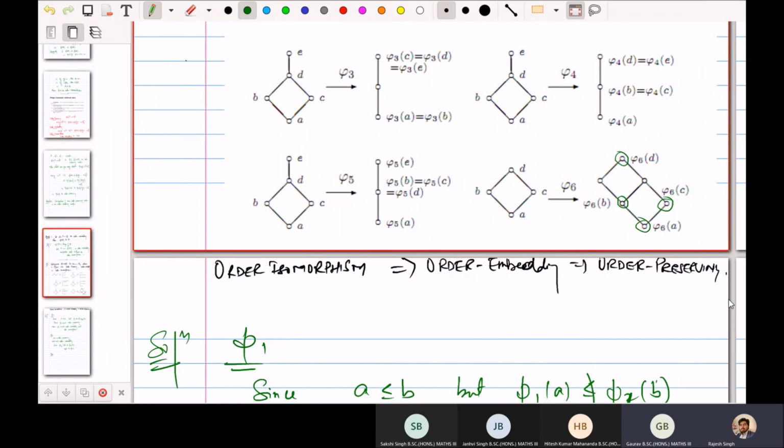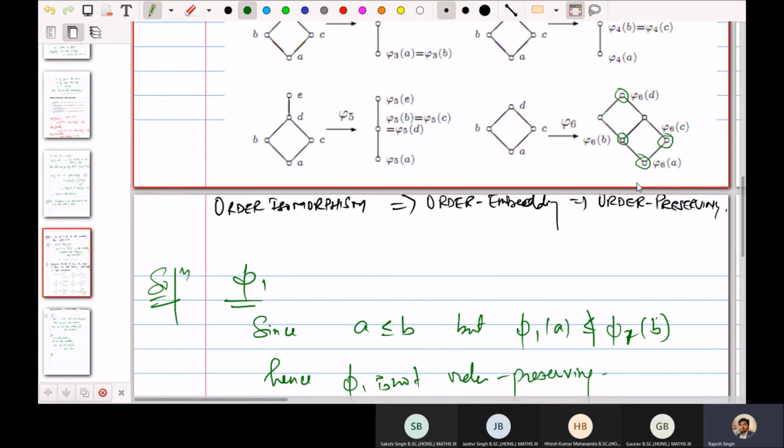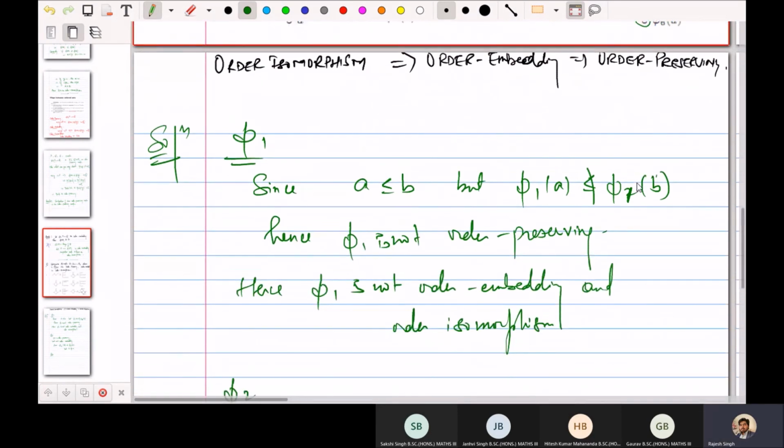Why it is not isomorphism? Because there are two elements in codomain. Yes, there are other two elements in codomain which does not have any preimage, right? This element does not have any preimage, this element does not have any preimage. So it is not surjective. Phi 6 is not surjective, but it is order embedding.